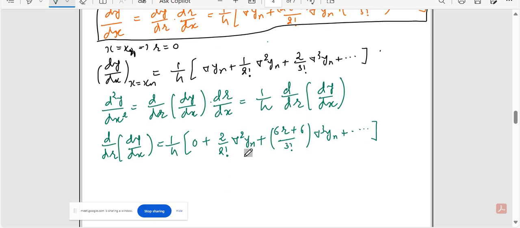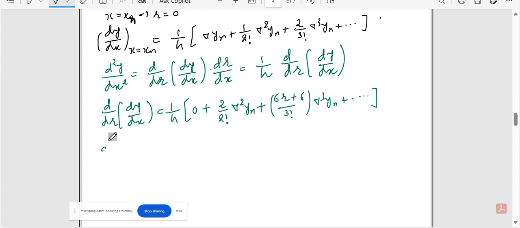So if you substitute these values in above formulas, then we will get d square y by dx square is nothing but 1 by h square, because 1 upon h into 1 upon h.